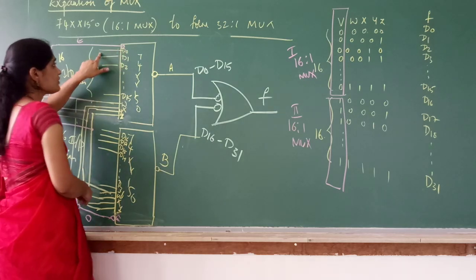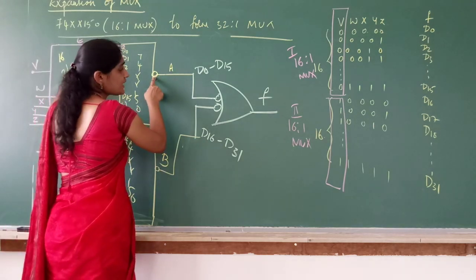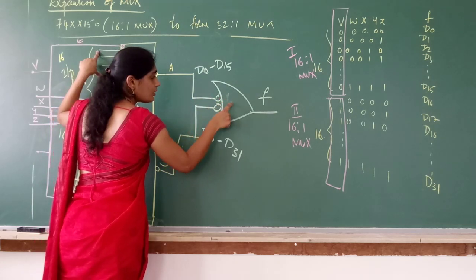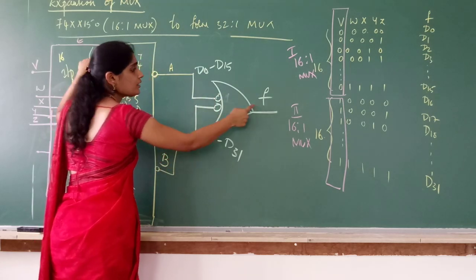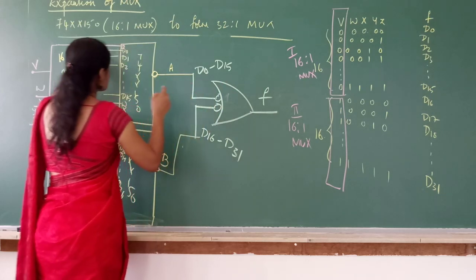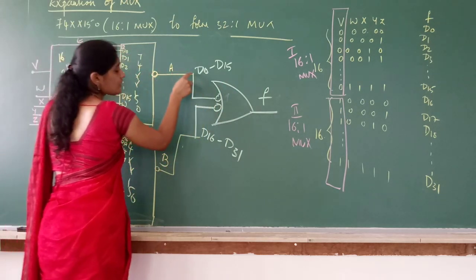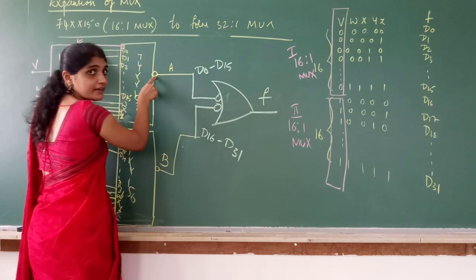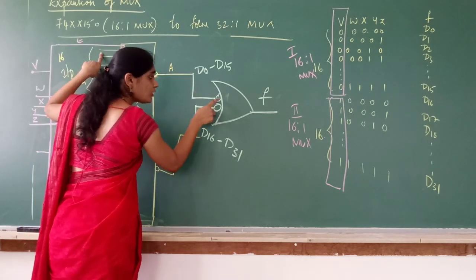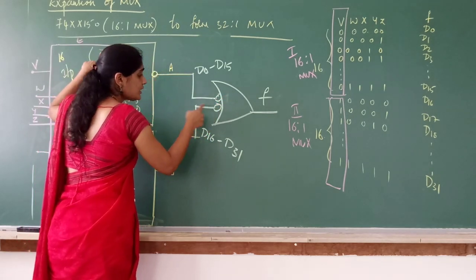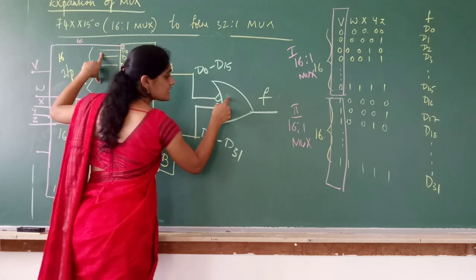So if D0 is having 1, here you will be getting it as 0, again bubble gives 1, or the output you are going to get is 1. If you have 0 for that particular line, 0 complemented, you will be getting 1 here, again complement 0. Anyway, this will be off, so you are going to get 0 here.